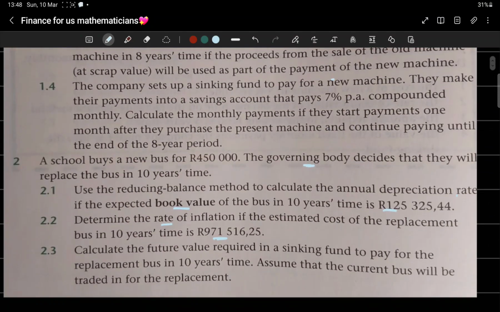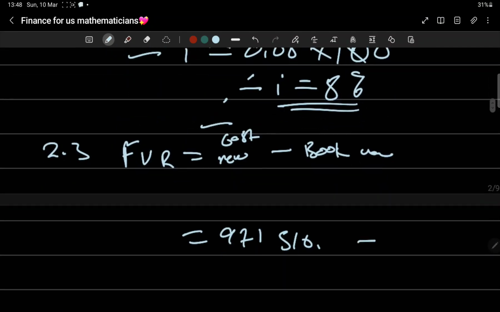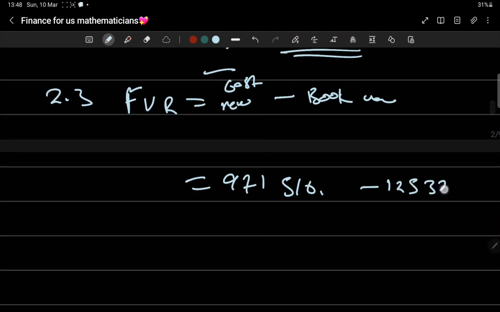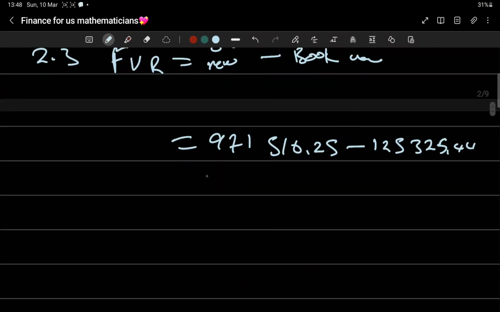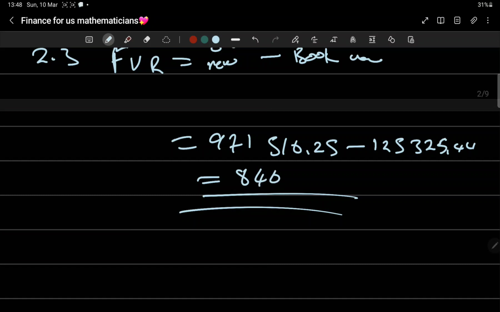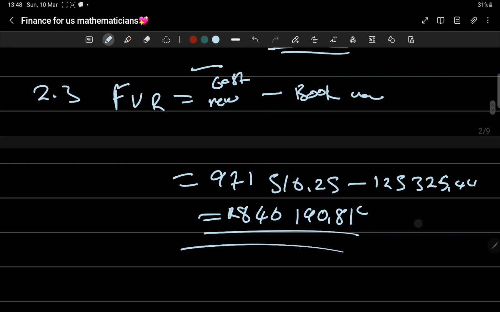Then on your calculator, 971,516.25 minus 125,325.44. You get 846,190.81.